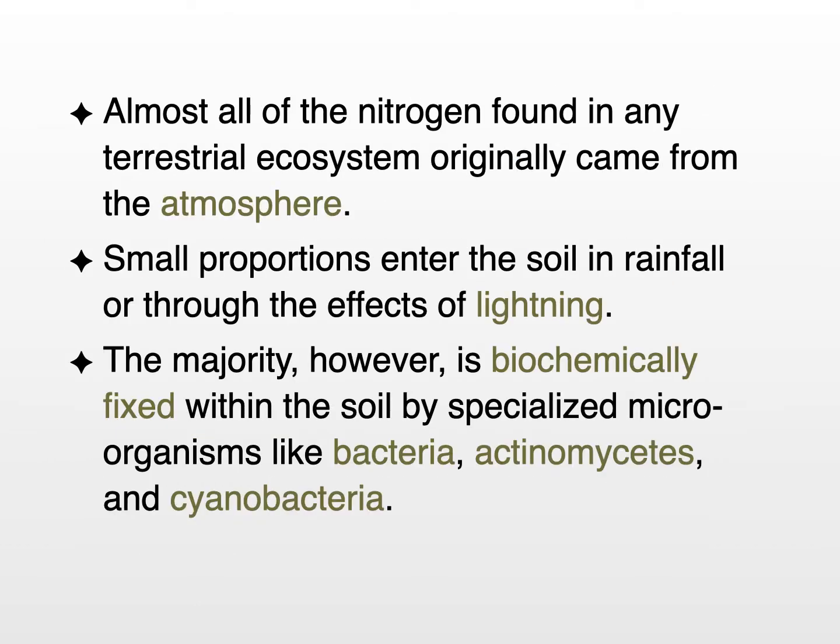Almost all of the nitrogen found in any terrestrial ecosystem originally came from the atmosphere. One way that it can be converted into solid forms is by lightning. So with lightning, the high temperatures can convert NO2 gas into solid forms of nitrogen, and they can fall to the surface of the earth via rainfall.